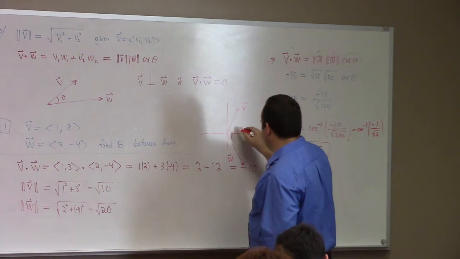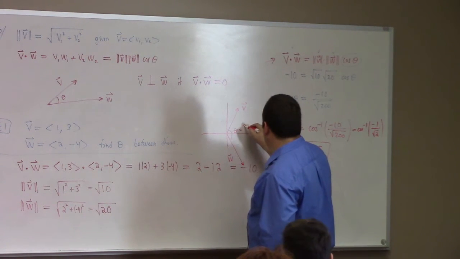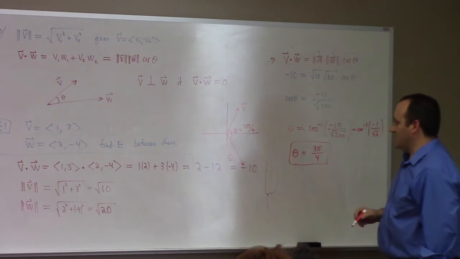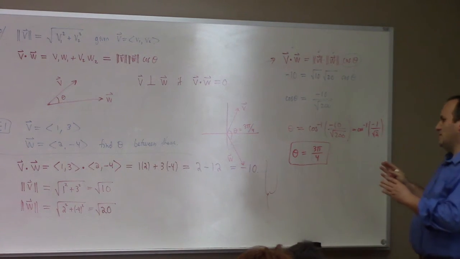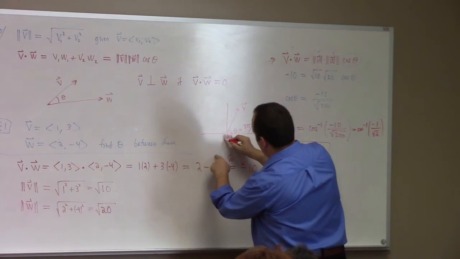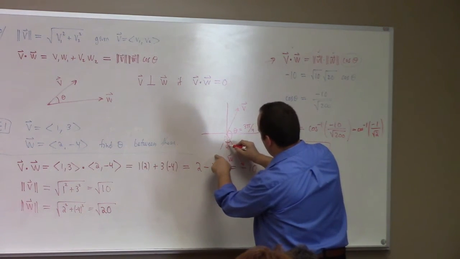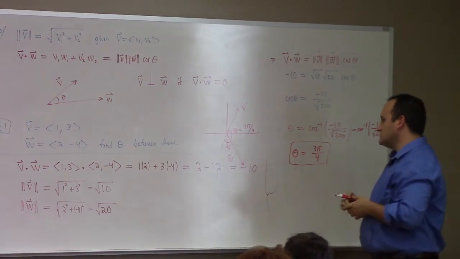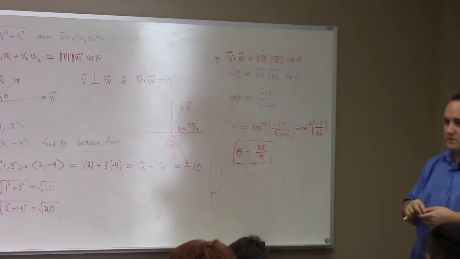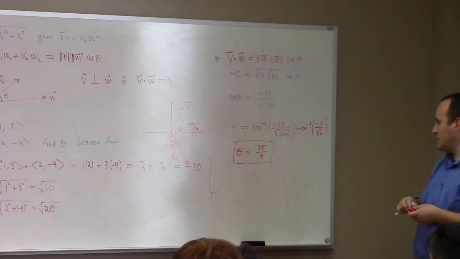But apparently this angle here is 3 pi over 4. So my picture's not quite right. If I extend this back, this should be 45 degrees here, so to speak, right? Because pi would be 180. It's 45 degrees shy of pi. I mean, shy of 180.